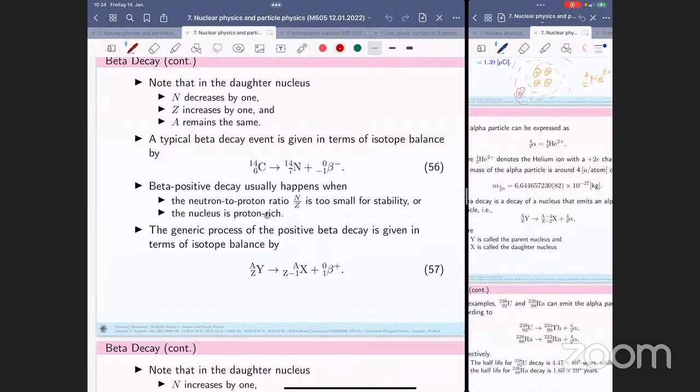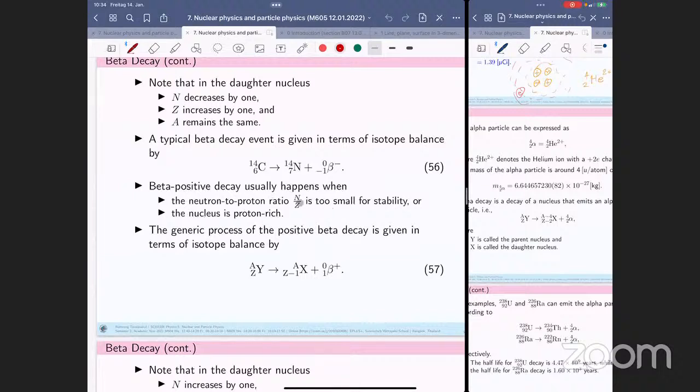It's full of protons. Once the nucleus has too many protons, there will be too many Coulomb repulsive forces, and that will make the nucleus non-stable.